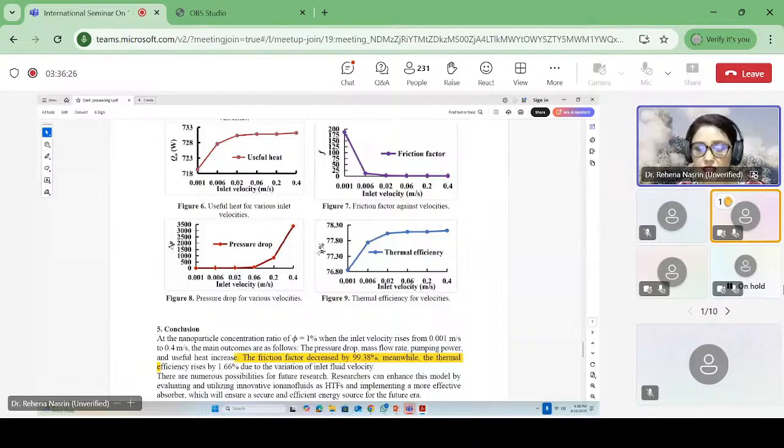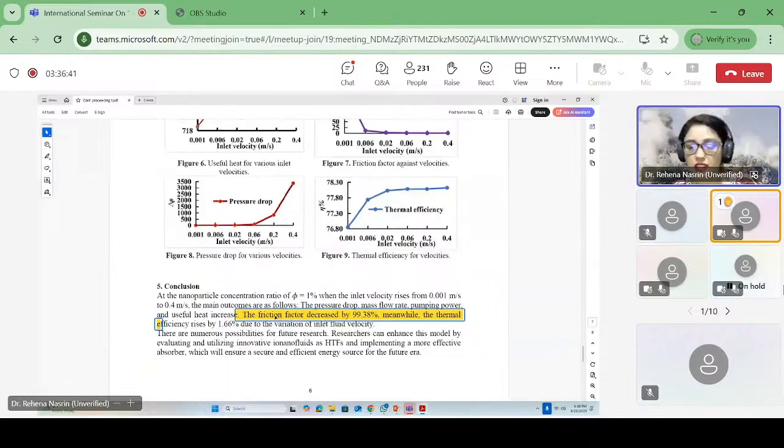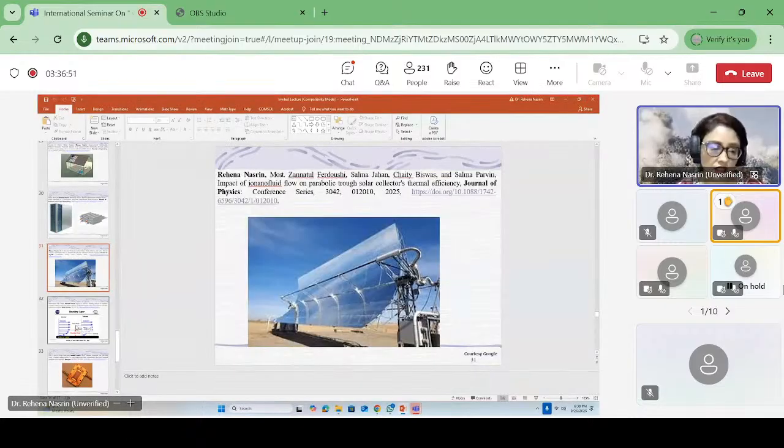When we get the higher velocity, we get the higher thermal efficiency. In the conclusion, the friction factor decreased by 99.38%, because we need to reduce the friction factor as well as increase the thermal efficiency.